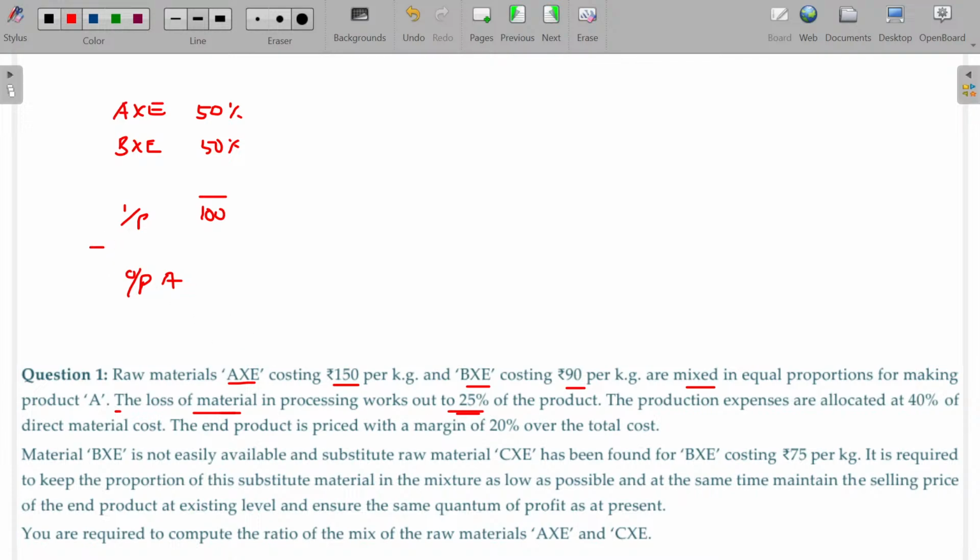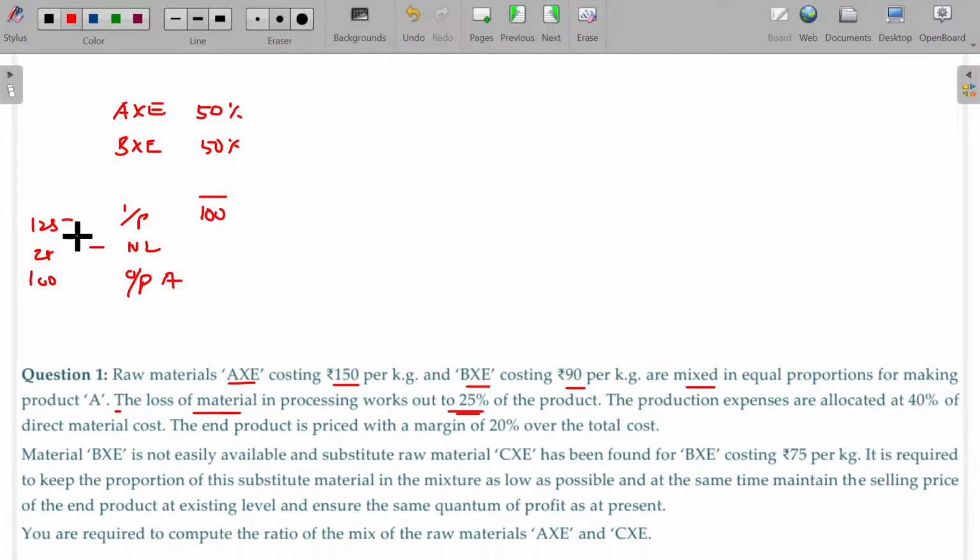So minus normal loss. 25% is on the output. If the output being 100, normal loss is 25, and the input should be how much? 125.